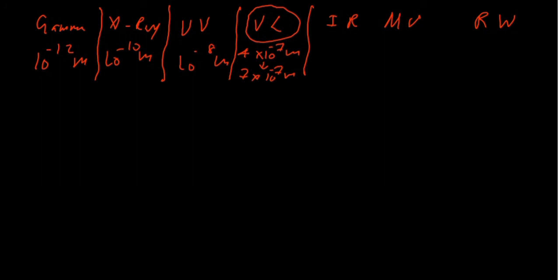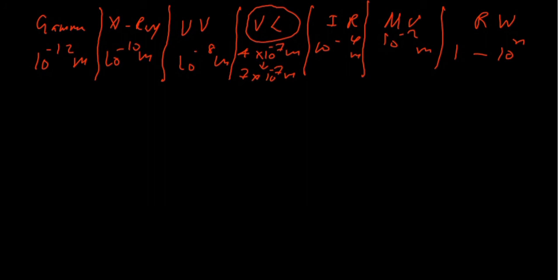So from 400 to 700 nanometers, that is in the region of the visible light. And then infrared, the wavelength is 10 to the power negative 4 meters. Microwaves, the wavelength is 10 to the power negative 2 meters. And then radio waves can range from 1 to 10 to the power n, where n is a positive integer. It can be 10 to the power 10 meters. So that will be the wavelength.